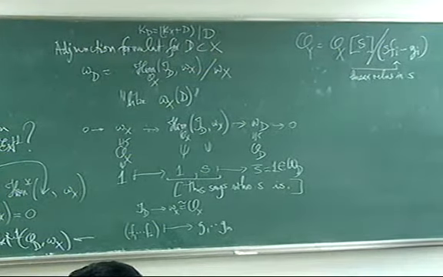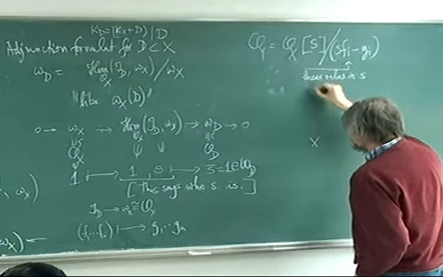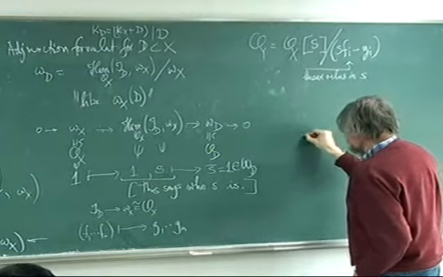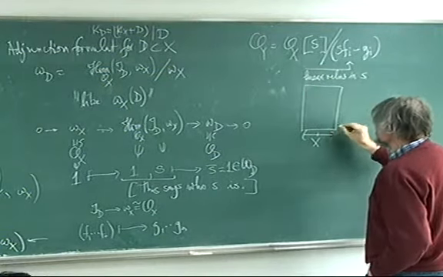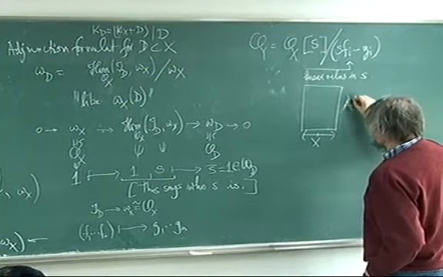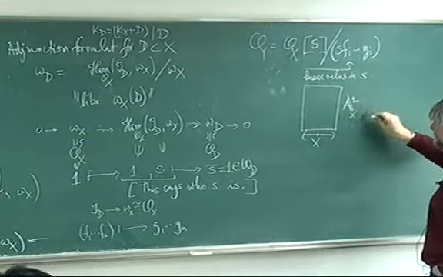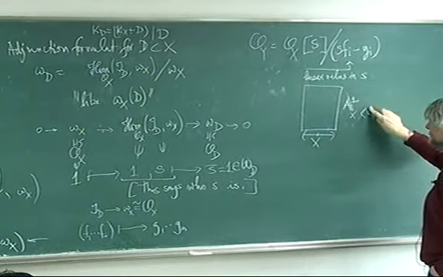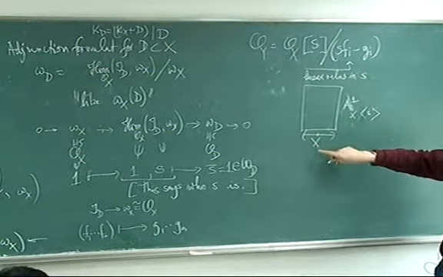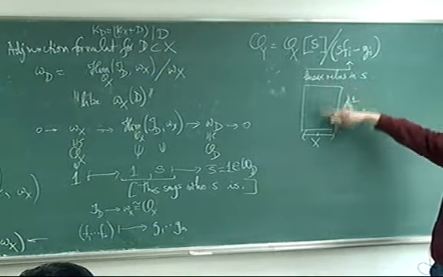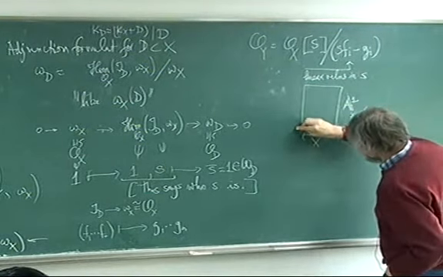Here's a picture. Here's my X, a little piece of X, local around there. And here is A1 over X with coordinates S. If we were over a field, this would just be the product of X with A1 over the field with coordinate S. What I've got is a section here.